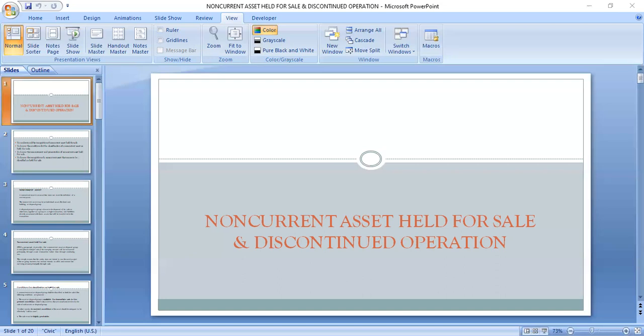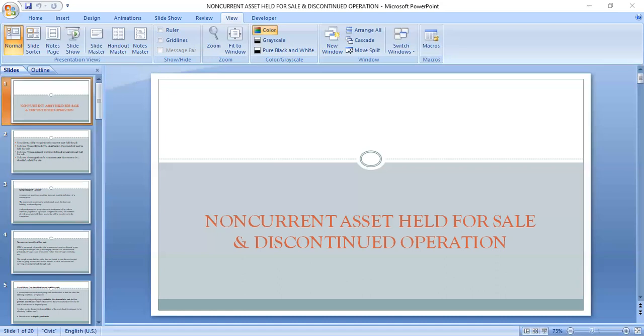Now we have the component of an entity. It may be a subsidiary, a major line of business, or a geographical segment whose operations and cash flows can be clearly distinguished operationally and for financial reporting purposes from the rest of the entity. The component can be clearly distinguished if the assets and liabilities and the revenue and expenses are directly attributable to the component.